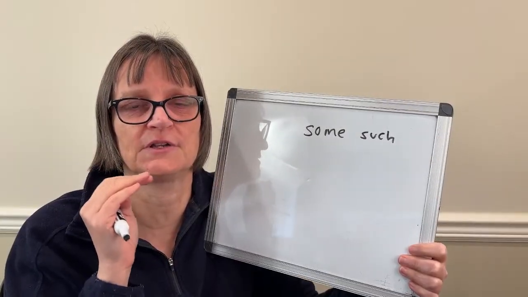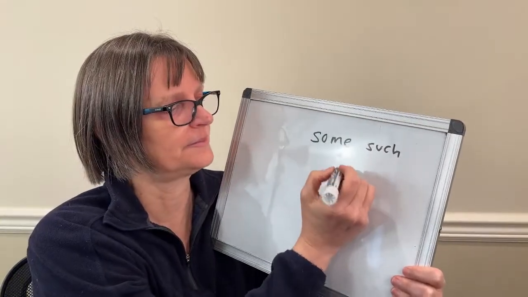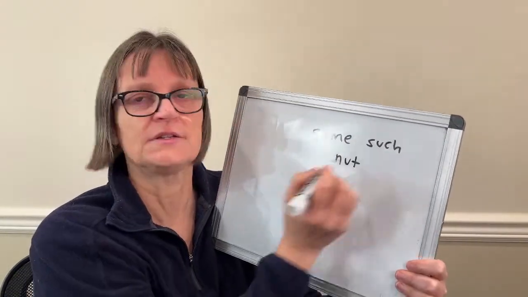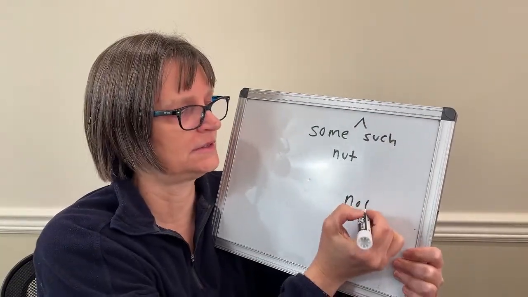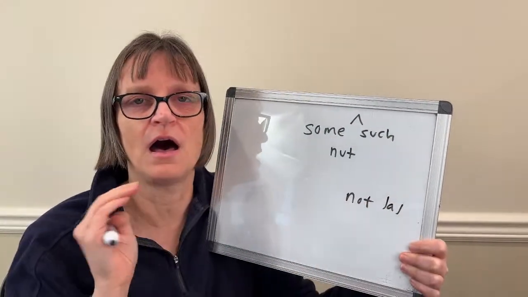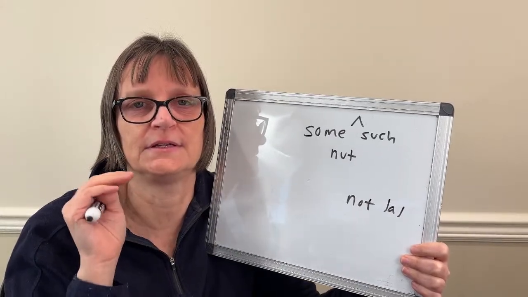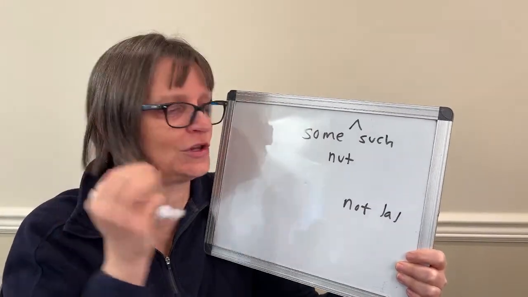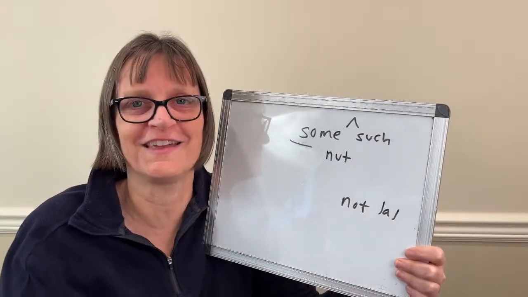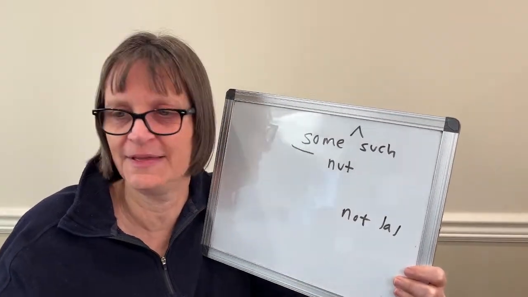Some, like in nut, that's the schwa. And not, that's the ah. So same tongue relative to the jaw, but the jaw is more closed for the schwa than for the ah. Great, okay.